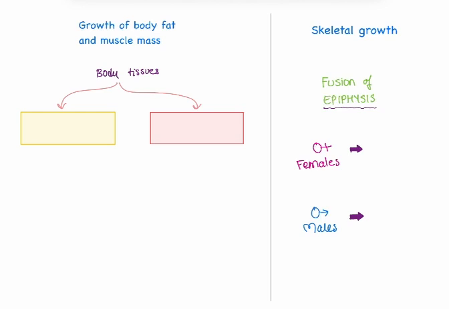Now growth of body fat and muscle mass. Body tissues are divided into fat and fat-free components, that is lean. The fat component is more in girls than boys. The fat-free or lean component is more in boys than girls.